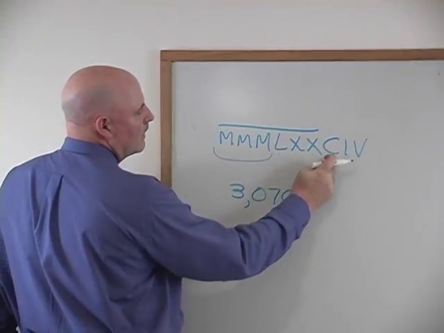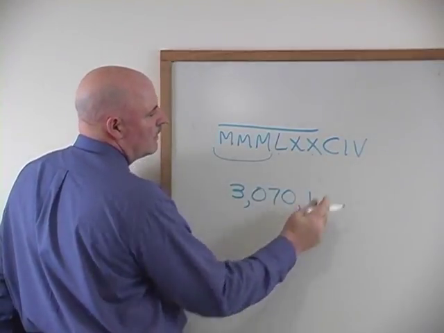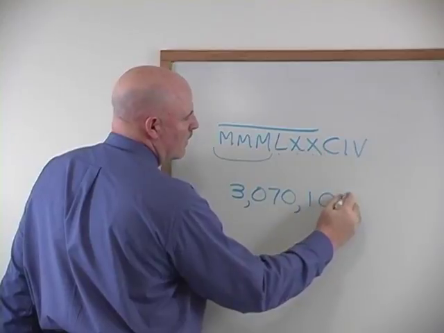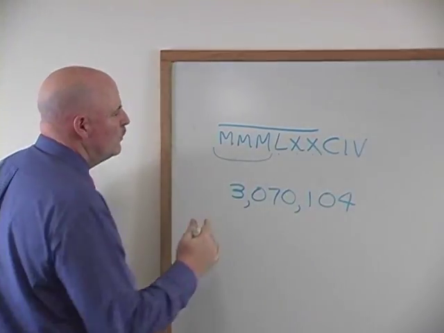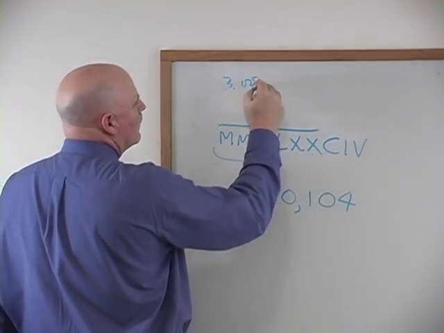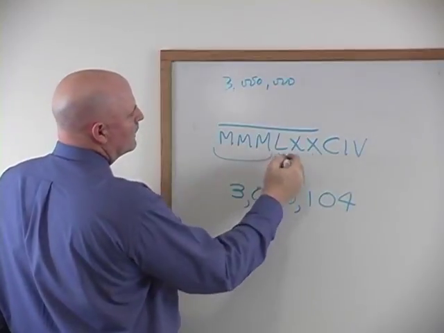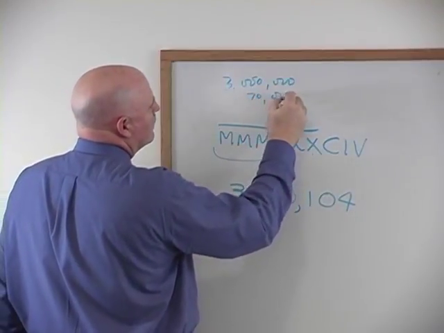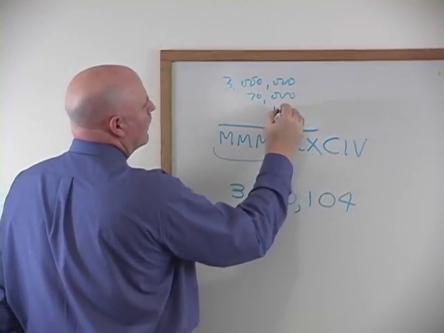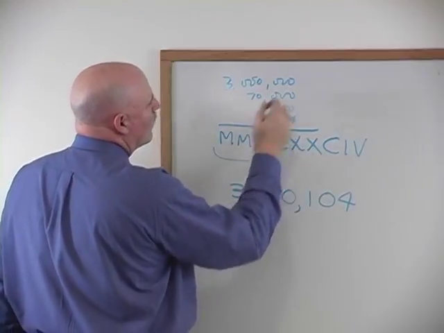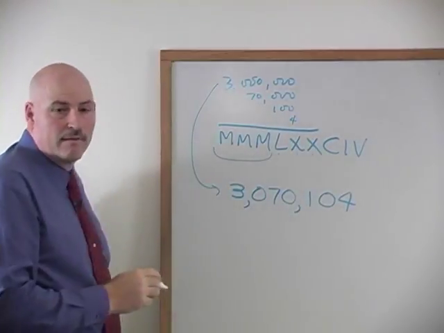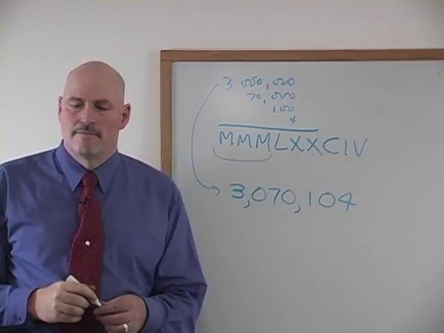Okay, what would that be? 104. Now, if you wanted to, you could have written it like, you know, the 3 million, and then you could have put down 70,000, and then you could put down 100, and you could put down 4, but when you add them all up, you get that, right? Okay, there you go.